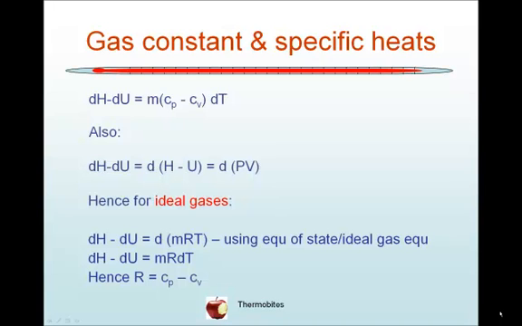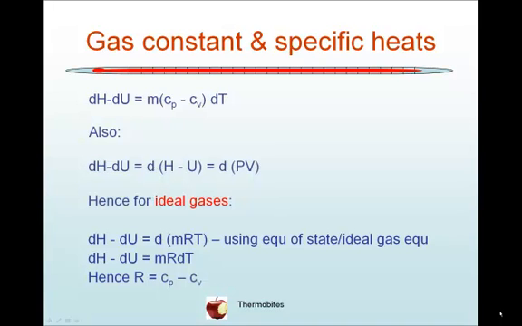We can relate the gas constant now to the specific heats by noting that dH, the change in the enthalpy, minus dU, the change in the internal energy, may be written as m times (Cp minus Cv) times dT. But we can also write dH minus dU as d(H minus U), which is equal to d(PV), using the definition of enthalpy.